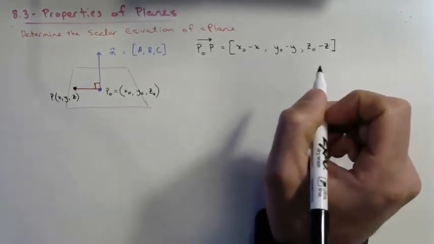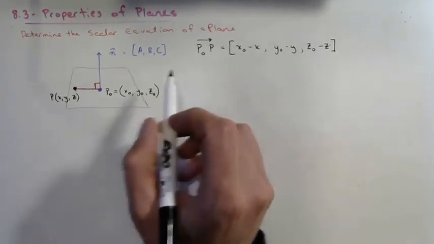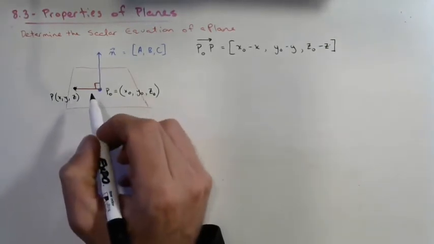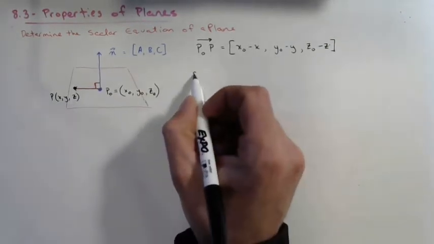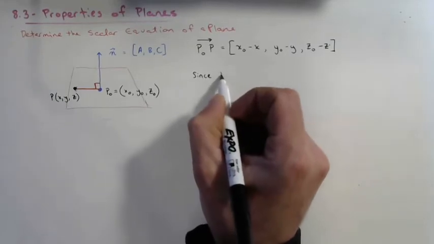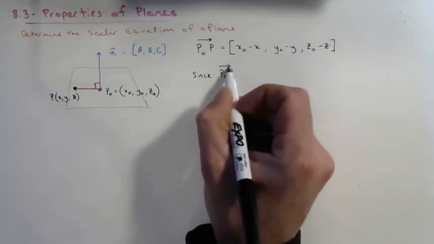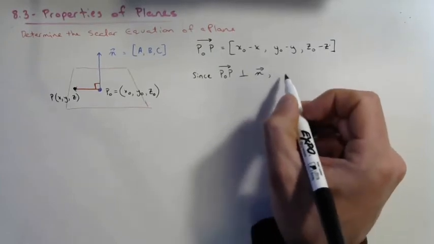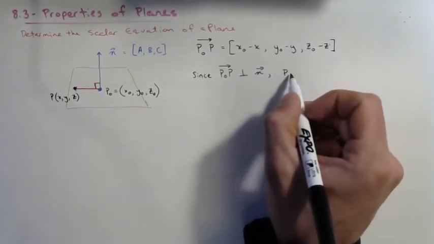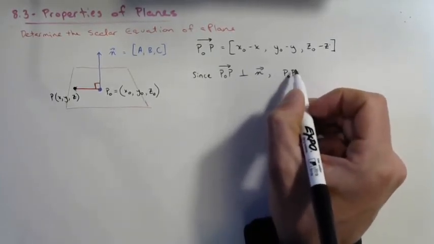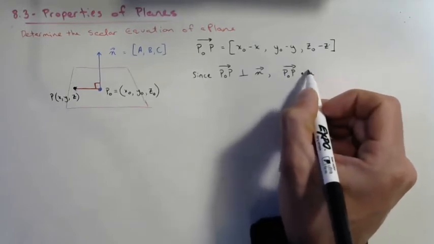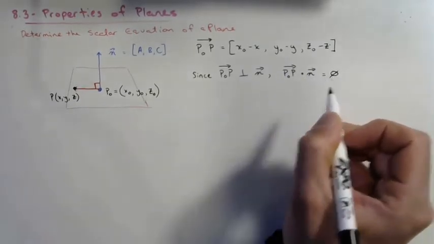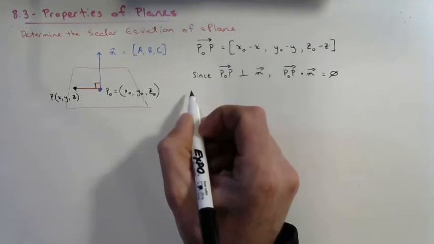And now, since this vector P naught P is perpendicular to N, what do we know? Well, we know that P naught P dot N equals 0. So let's use that equation, and we'll work this through.